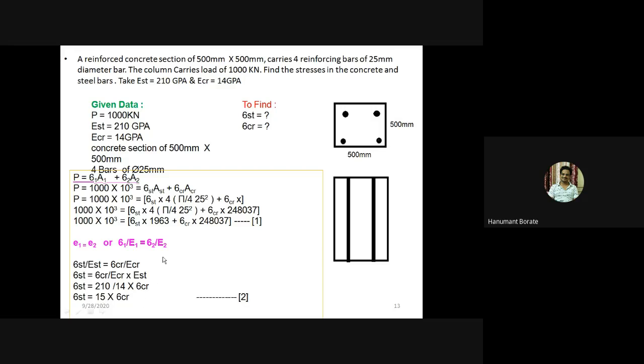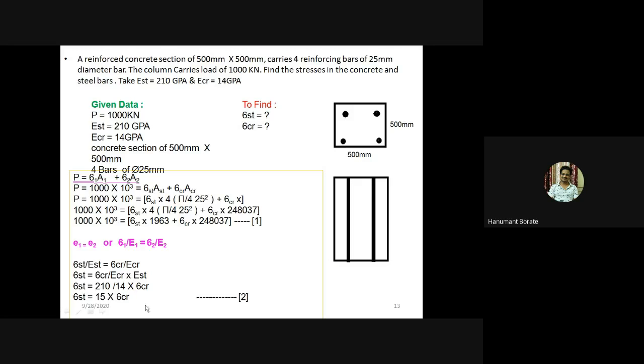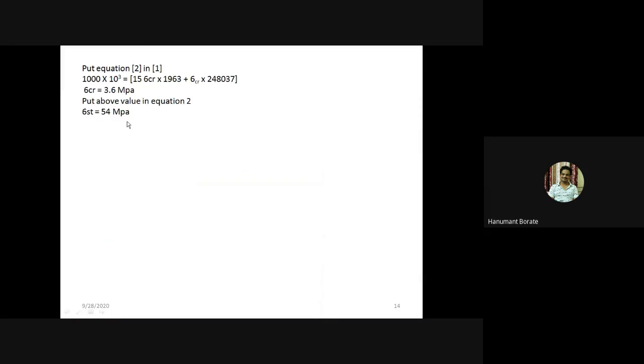Now putting this relation into equation 1, we get the value of sigma concrete, that is 3.6 MPa. If we put this sigma concrete value in equation 2, sigma steel equals 15 into sigma concrete, we will get the value of sigma steel.